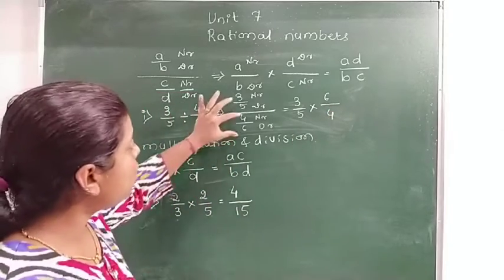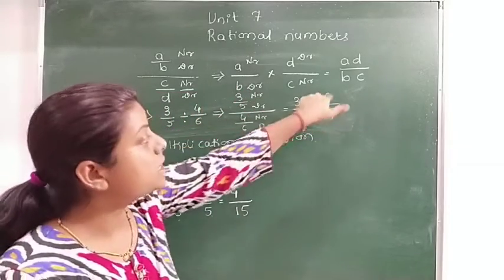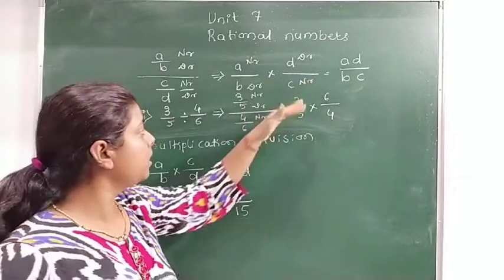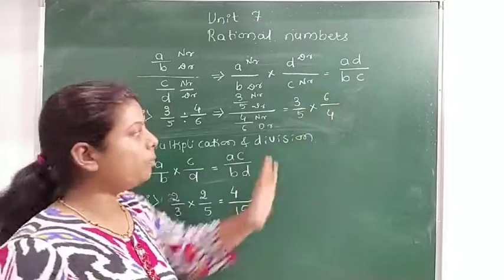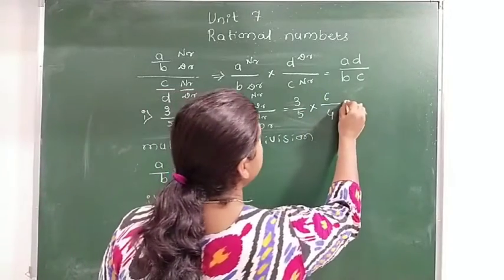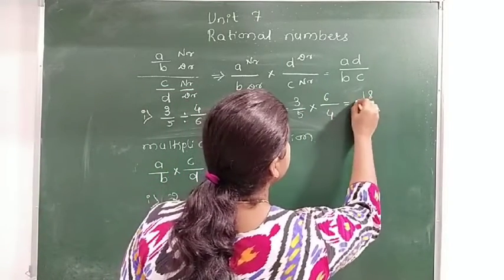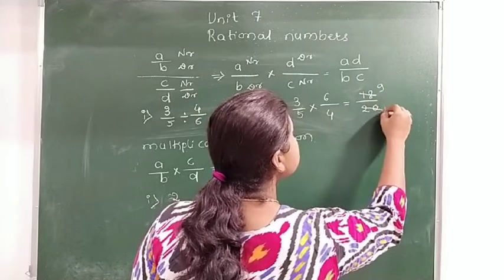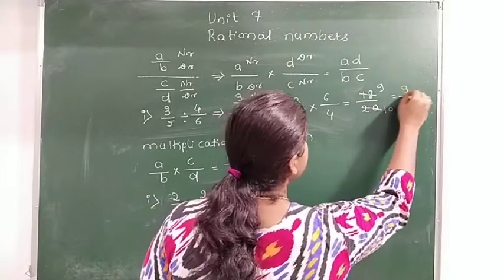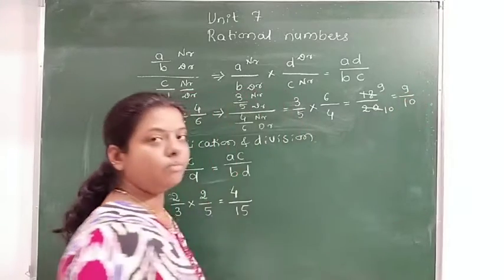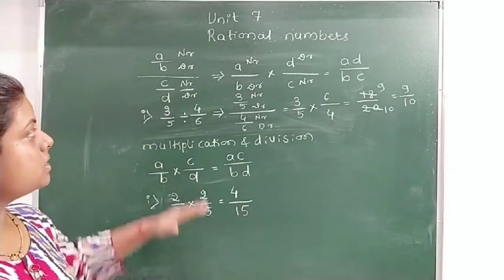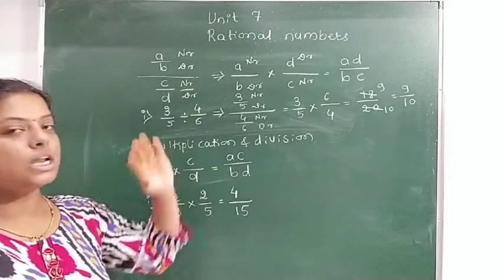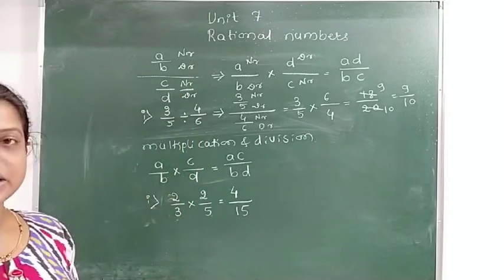Means the denominator you have to take a reciprocal of that term. Denominator becomes a numerator, numerator becomes a denominator. Now you have to multiply: 18 divided by 20. If you want, you can simplify this one and write in the form of rational numbers. These are the basic methods of the rational numbers as you already studied.